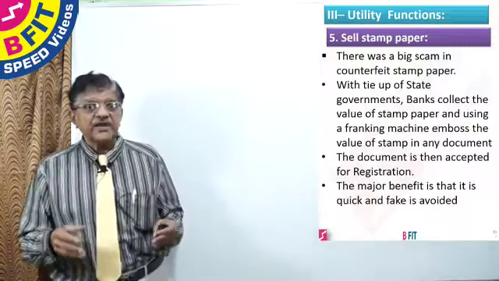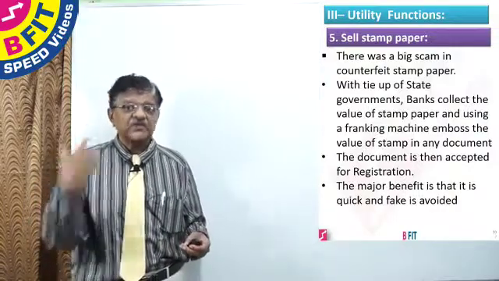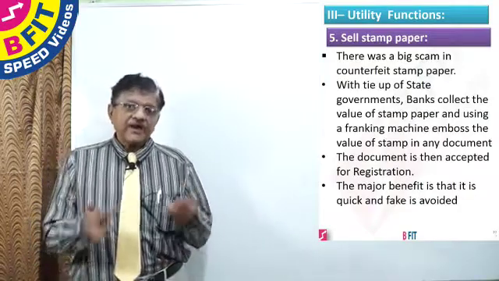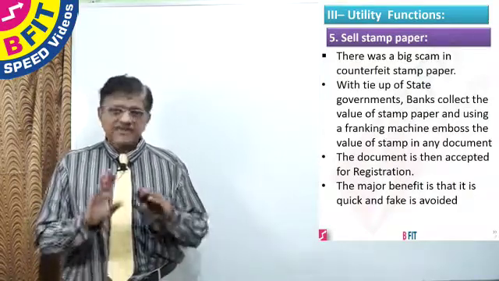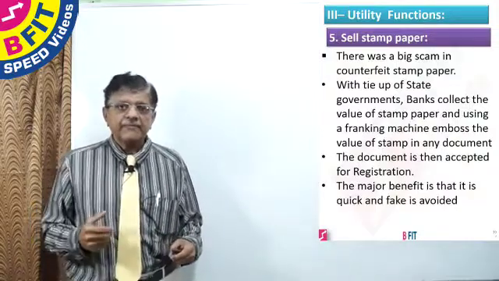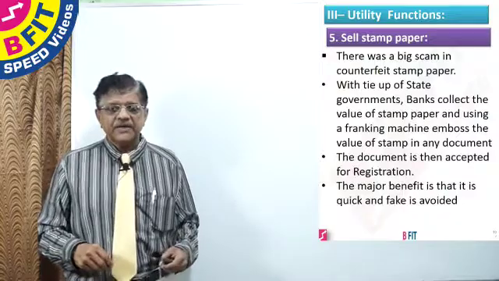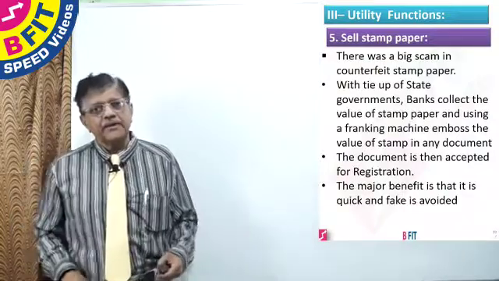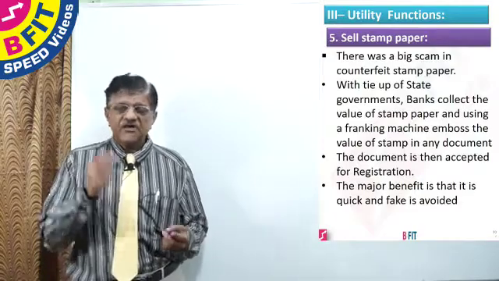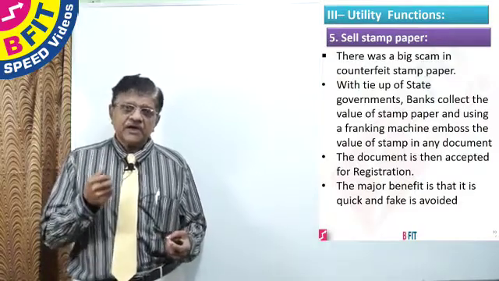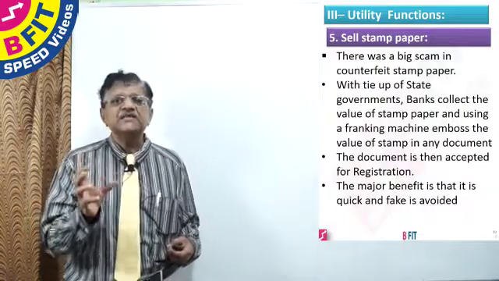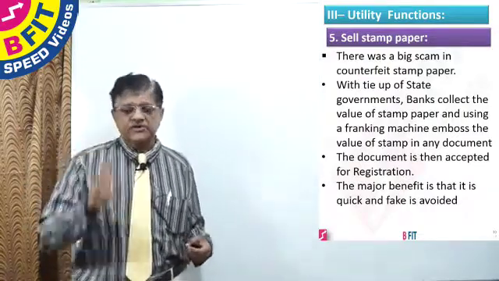The real problem today is, if you buy a stamp paper, you don't know whether it is fake or not. So, to avoid all this confusion, you don't buy stamp paper. You print the sale deed on bond paper without any stamp. Then go to a bank approved by the government of Maharashtra, and the government of Maharashtra will affix their own stamp for having received the money through a franking machine.